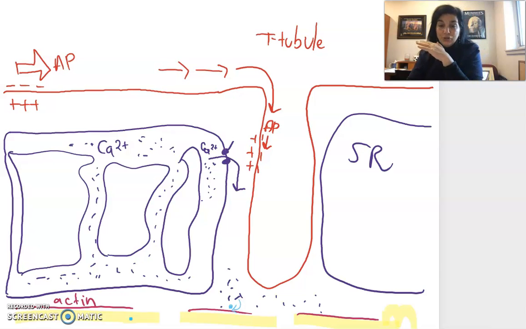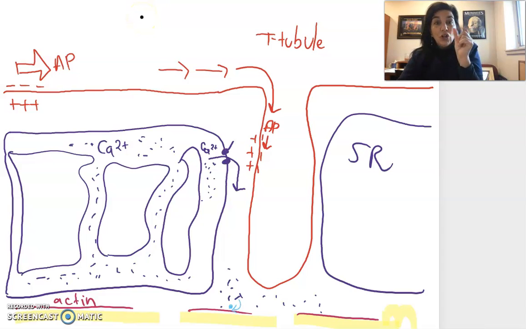So there's a conformational change, where the whole shape of this complex changes and moves out of the way to reveal binding sites on the actin filaments, and these binding sites are for the heads of the myosins.